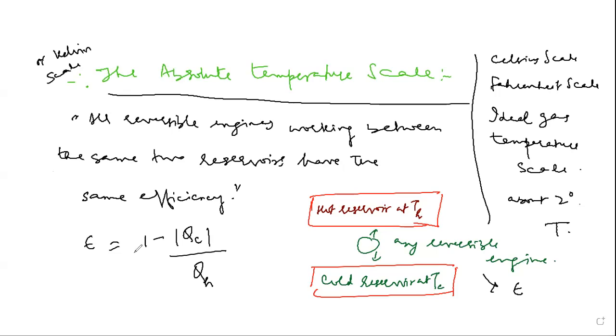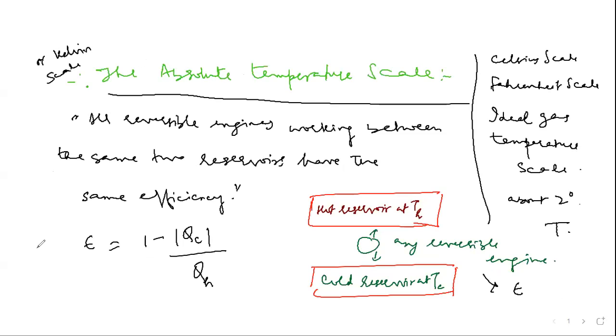Therefore, I can write this equation as, let me move to the next page, QC by QH is equal to 1 minus epsilon R. The same equation, I'm taking it to the left-hand side and efficiency to the right-hand side.